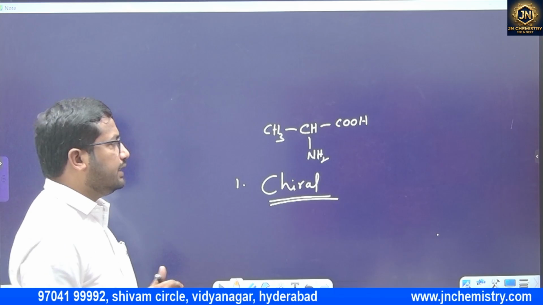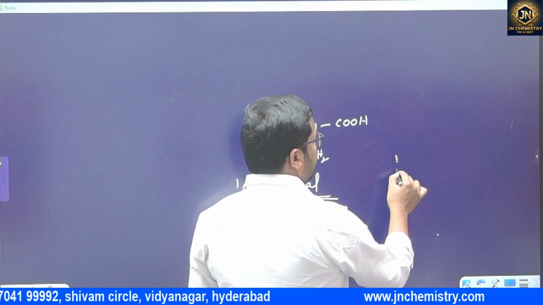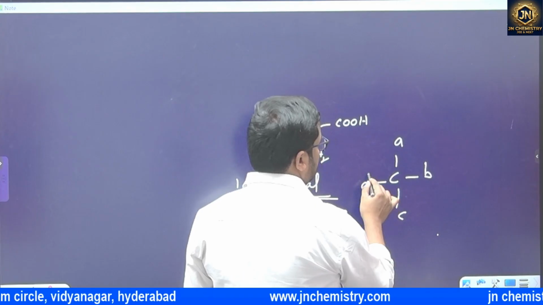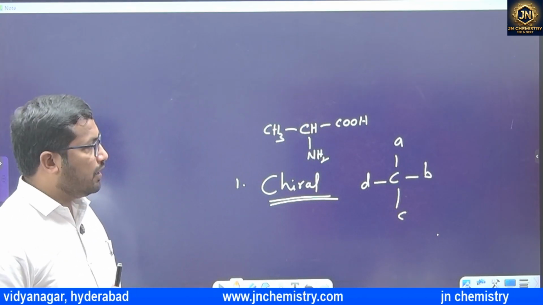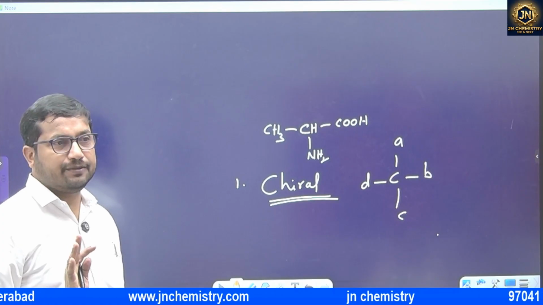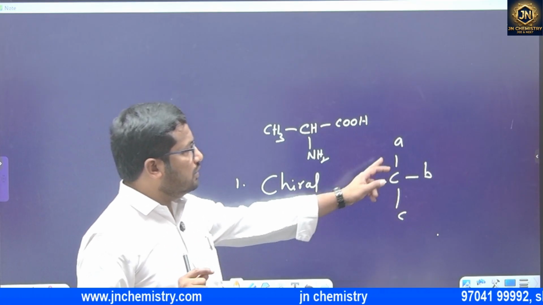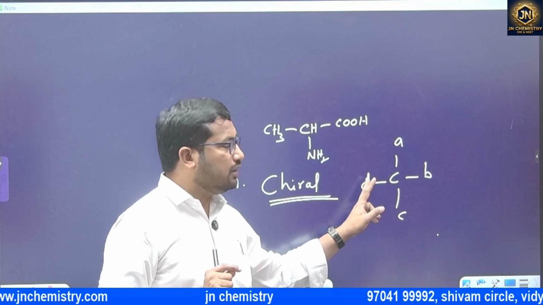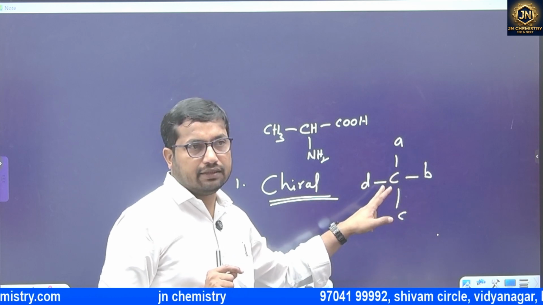What is a chiral center? Carbon has 4 bonds: A, B, C, D. If the carbon contains 4 different groups or atoms, whatever they may be, that is a chiral center.